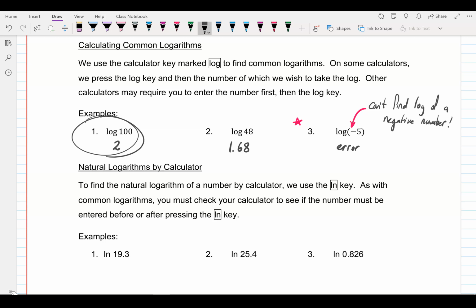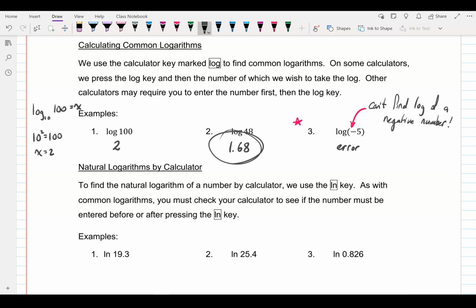By the way, think of this one this way: it's log, technically base 10, of 100. It's like what power does 10 need to have to make 100? 10 squared is 100, which means that our x is 2.